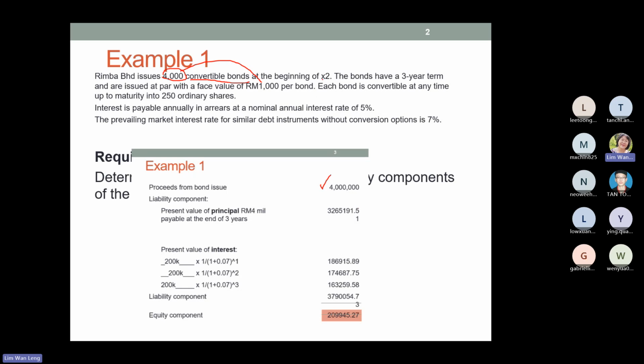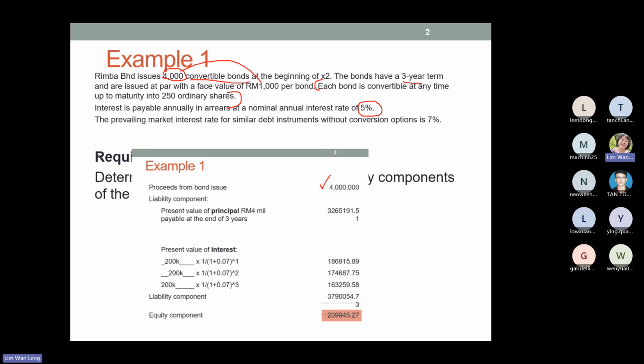And then this one just tells you that if you were to convert at the end of the maturity, and how long is the maturity? 3 years, then you can convert into so many ordinary shares. And then interest is payable annually in arrears at the nominal annual interest rate of 5%.